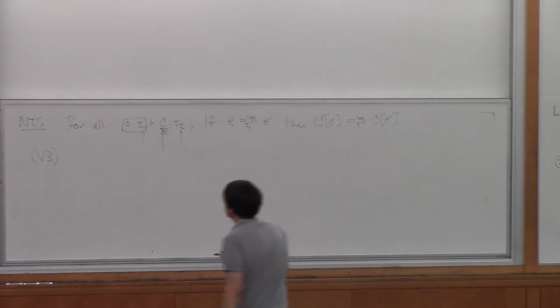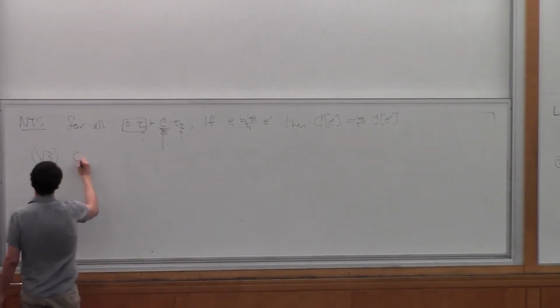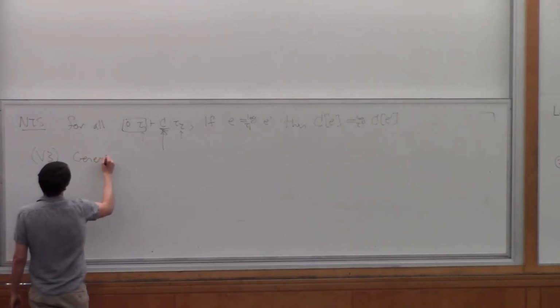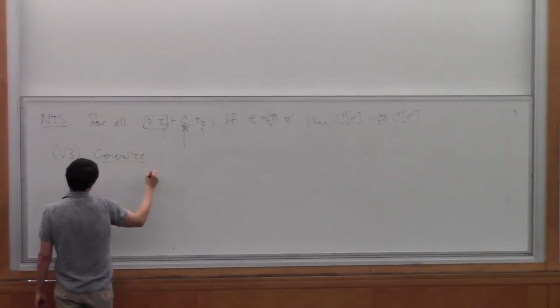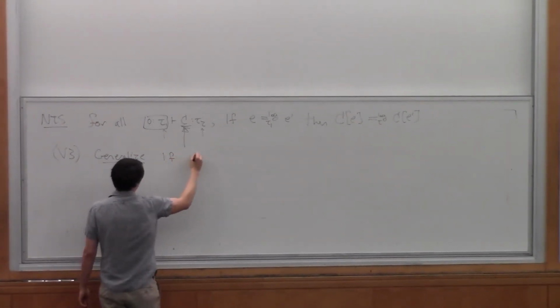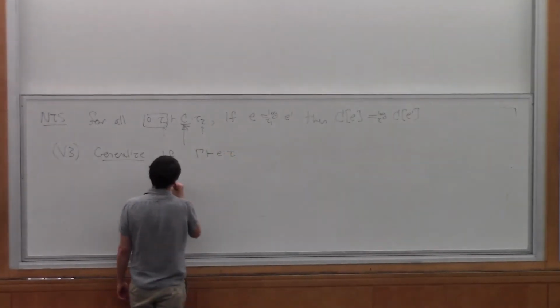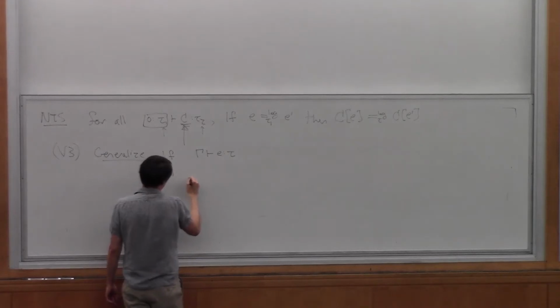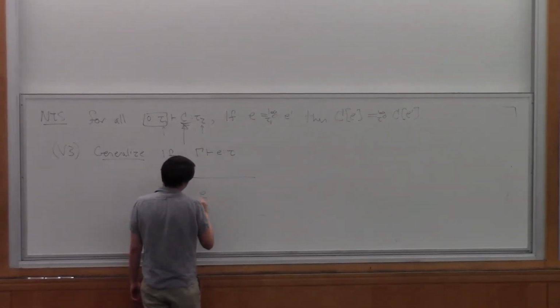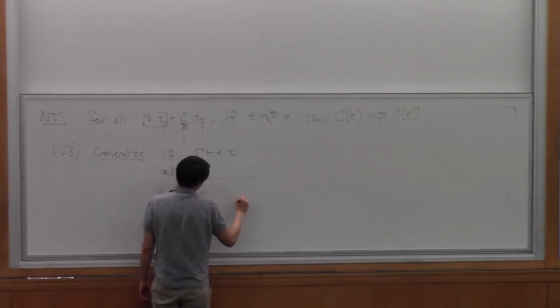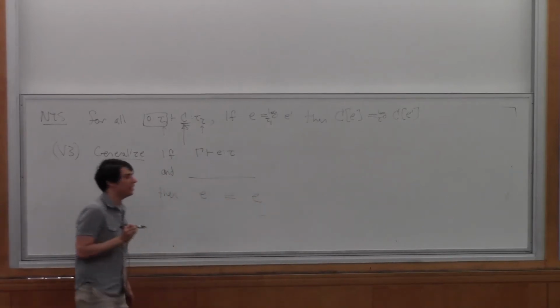Okay? So we're going to need a generalization, which is actually a little bit easier to think about, which is if we have any well-typed program at all and something, then E something is related to E something.